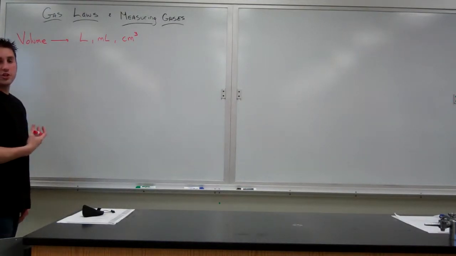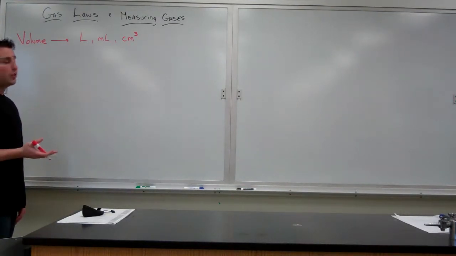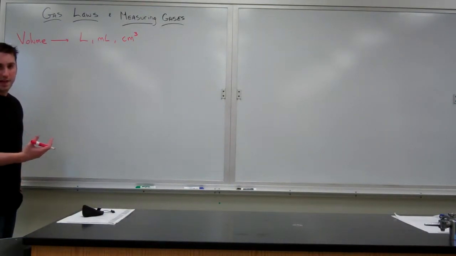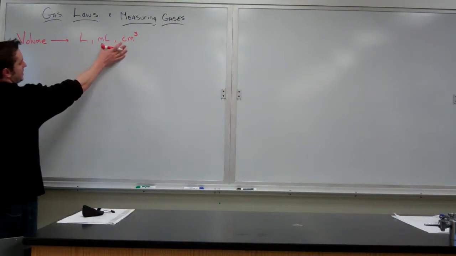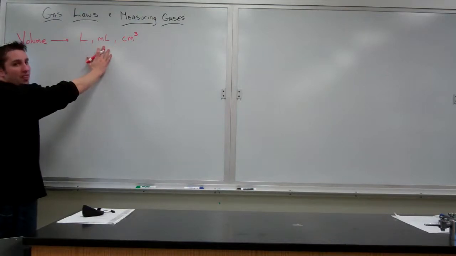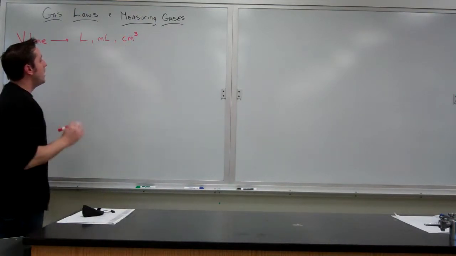We have done conversions with each of these before, but as a little refresher, a milliliter and a cubic centimeter are one and the same. Both of these things are smaller than a liter. A liter has 1,000 milliliters in cubic centimeters.